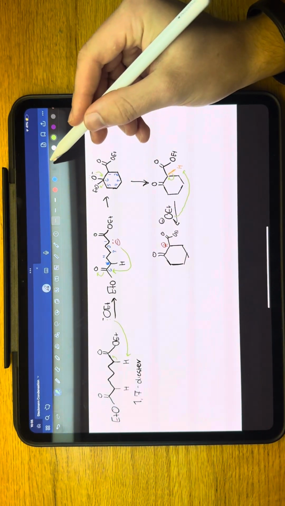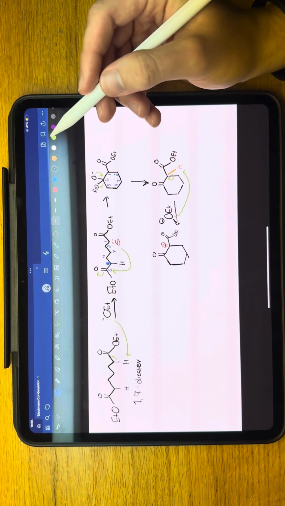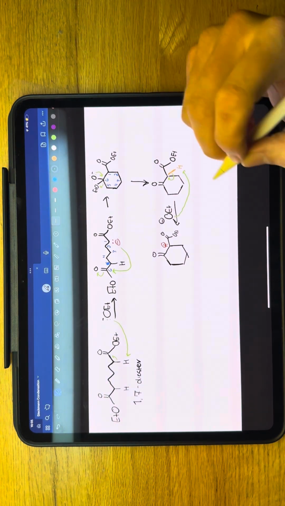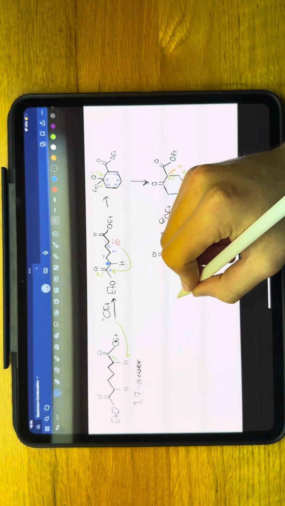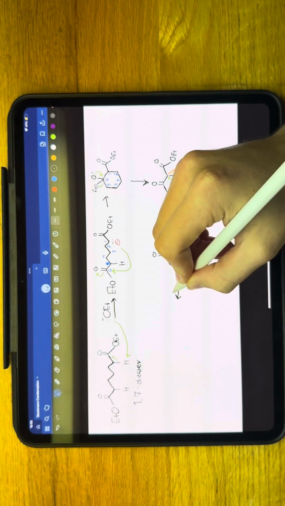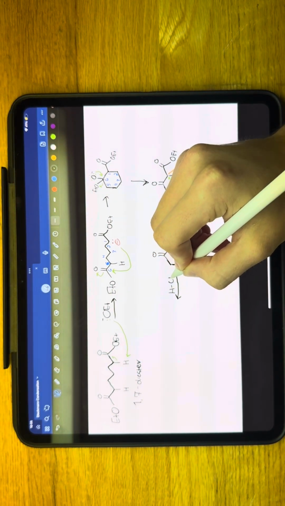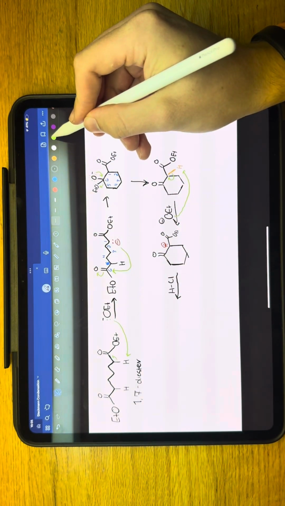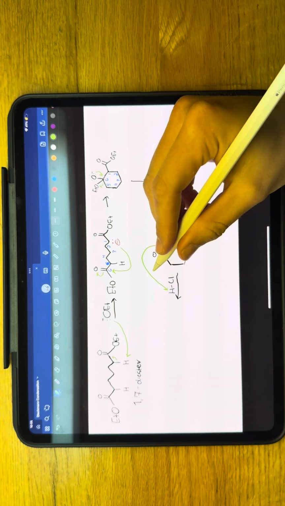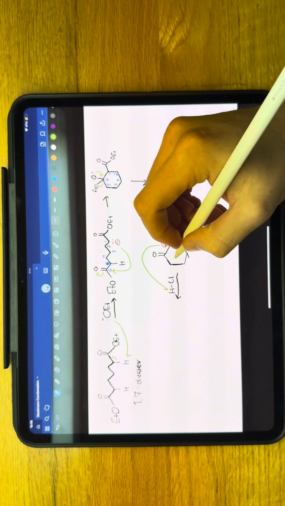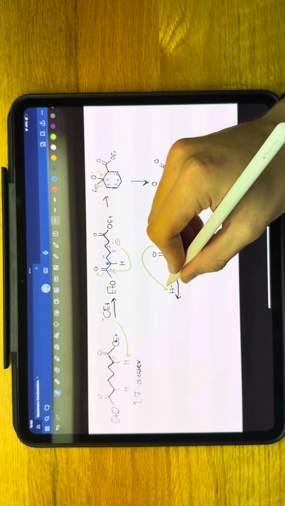And from there, this isn't too stable, so we're going to make it stable by acidifying it using HCl, which we commonly use in the lab. So of course, that negatively charged carbon picks up that hydrogen.